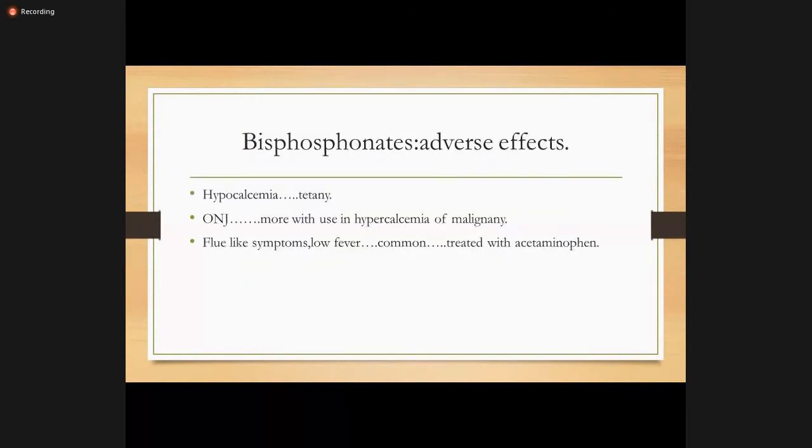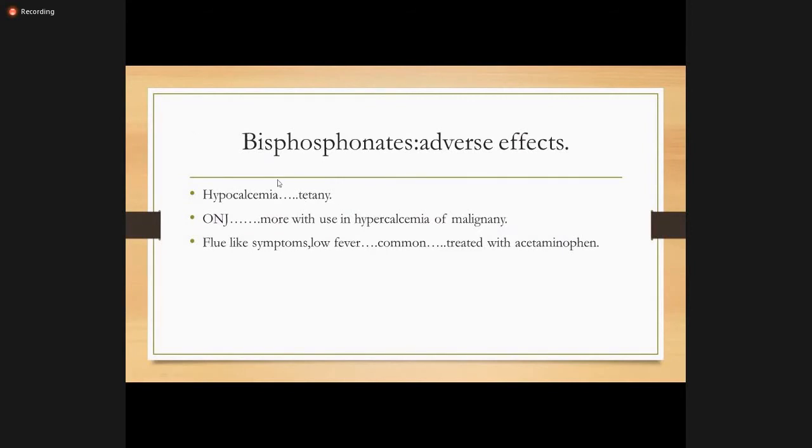What are the side effects of these bisphosphonates? Hypocalcemia, which sometimes may lead to tetany. So always inform your patient that if you are taking bisphosphonates, adequate supplements of calcium and vitamin D need to be taken: 1200 milligram of calcium per day, along with vitamin D 800 units.